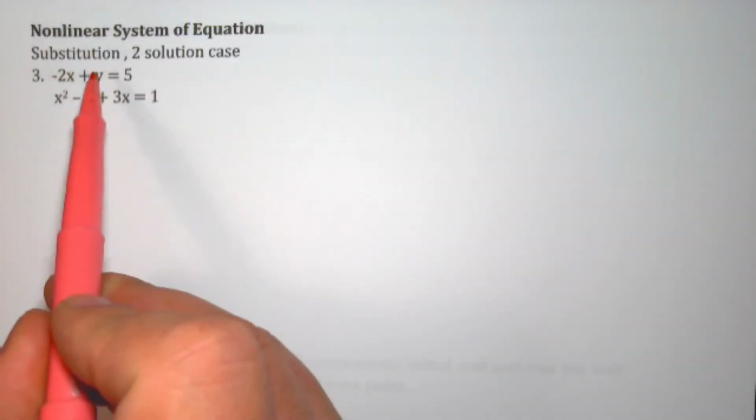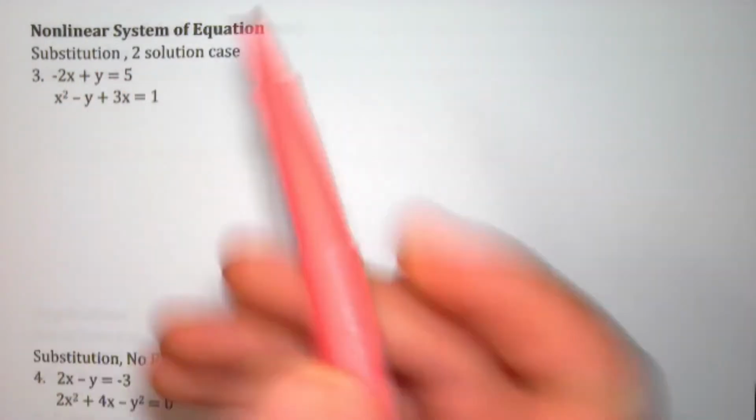So we'll do number 3 together, and then I'll give you guys a chance at number 4, finding the no real solutions. So nothing different than we did before. We're going to take one of these, solve for whatever variable is easiest, and substitute it into the other equation. Right off the bat, I want to deal with the non-quadratic stuff first. And this y is already by itself, so I'm just going to take this and solve for y.